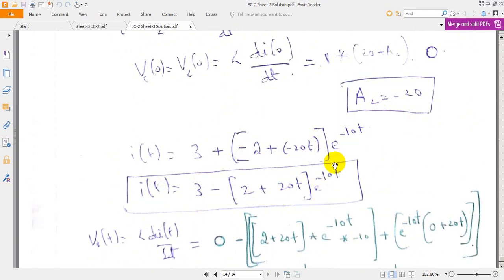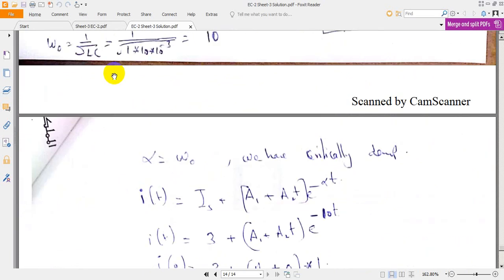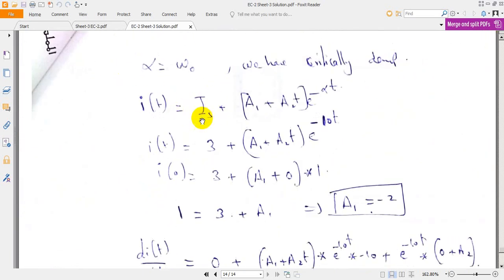But this is not our target. Our target is to evaluate the voltage. So for the evaluation of the voltage, this is the current through the capacitance. Is it right? What we have evaluated is I_L of t, the current through the inductor.